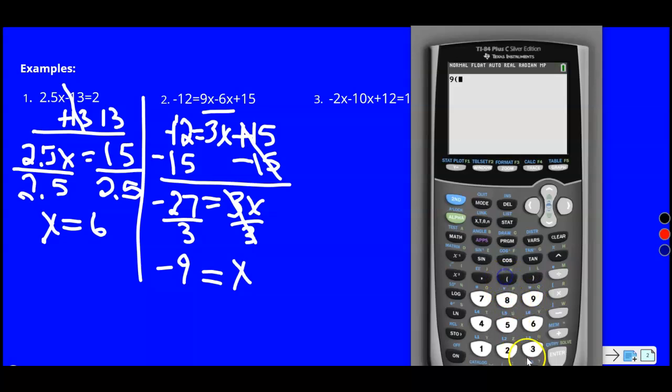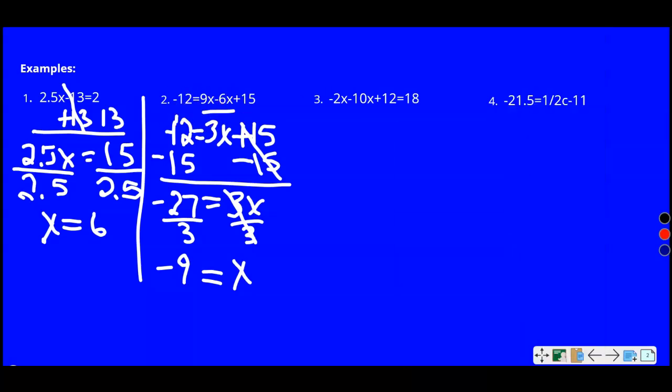So 9 times, let's put our negative 9 in parentheses, minus 6 times negative 9. You should be able to do this in your head as well, but I just want to show you that you can quickly plug this in and check it. So if I substitute my solution into my x value, I get negative 12. It says that equals negative 12, so I know that I got the correct answer.